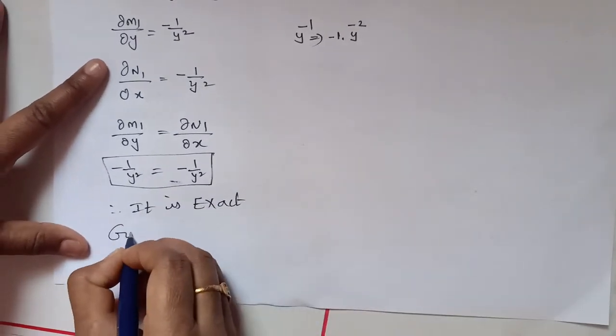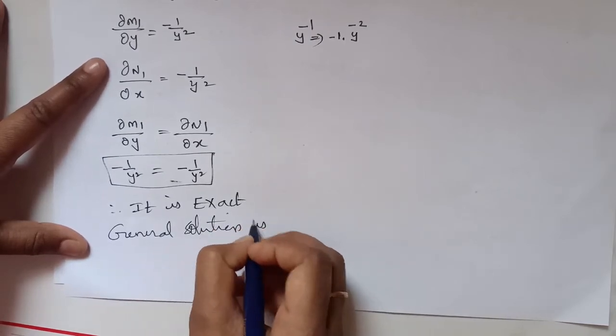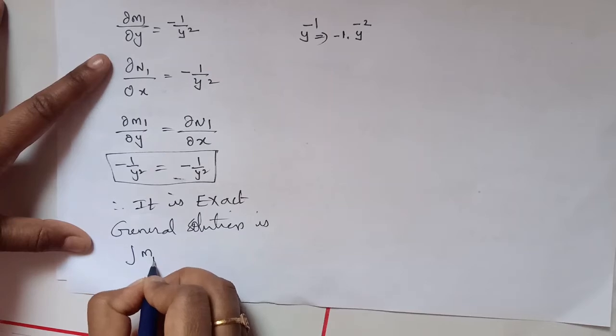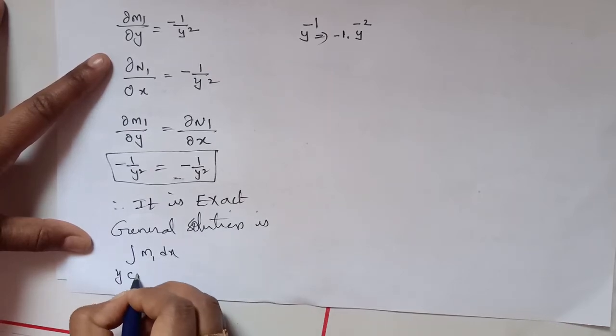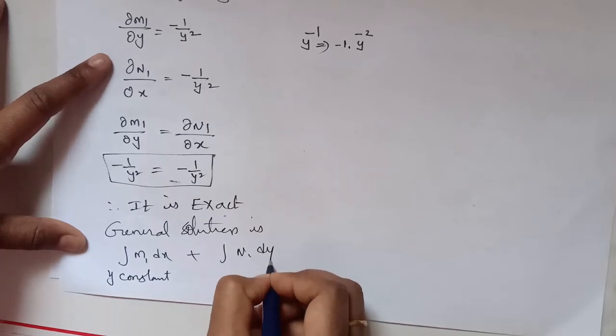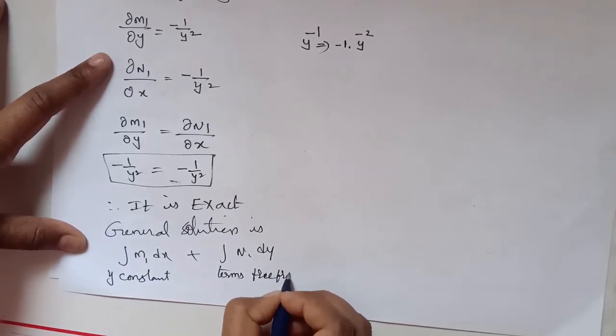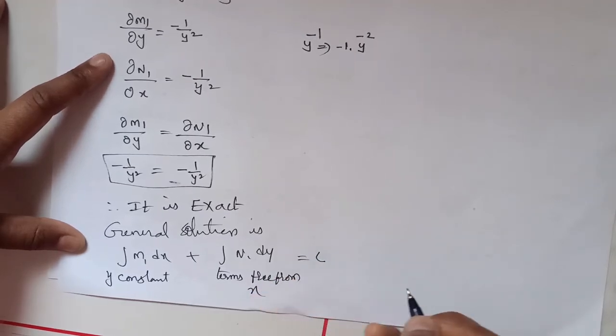Once we get exact, the general solution is integral M1 dx, y constant, plus integral N1 dy, terms free from x, is equal to c.